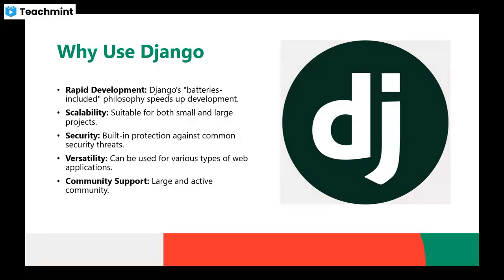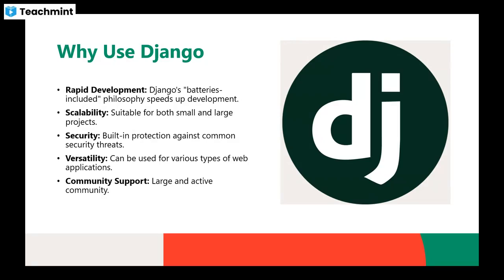But Django has a proper structure and proper tools to handle that, so scalability is not an issue. So it is suitable for both small and large scale projects. But Flask is more suitable for small scale projects. Once the project grows, it is hard to scale the project in Flask.